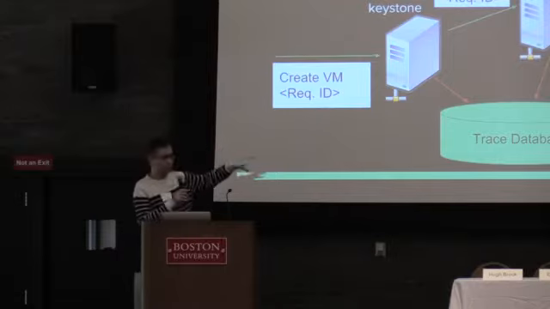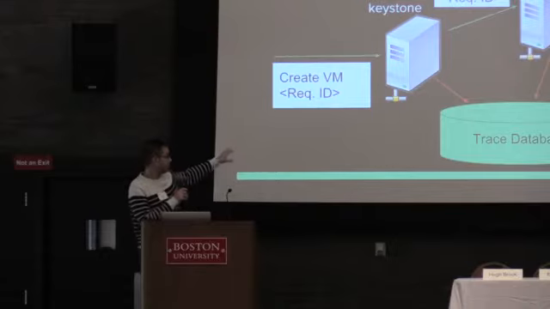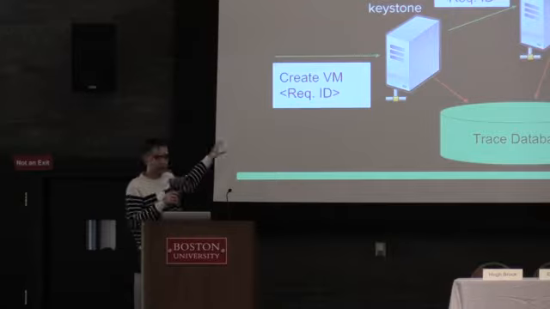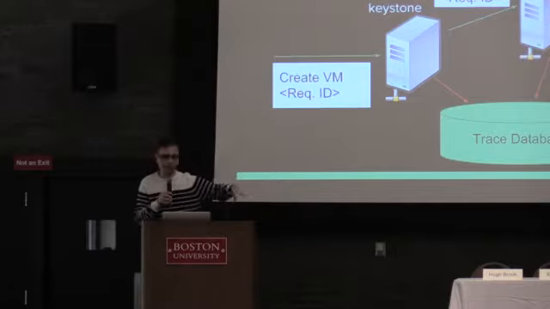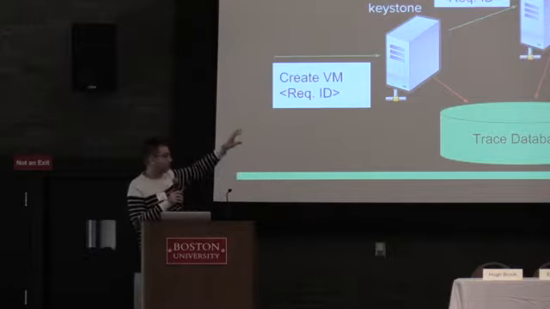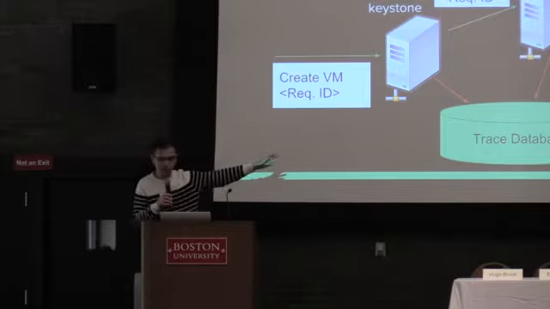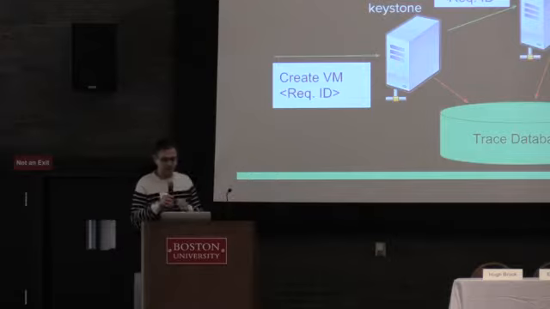And then each of these components log necessary information into a common trace database with the request ID attached to it. And then we can collect these traces with the common request ID and reconstruct a workflow of an individual request that looks like that directed acyclic graph on the right-hand side.